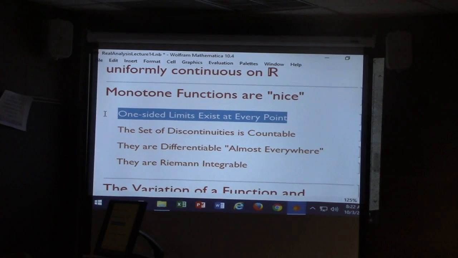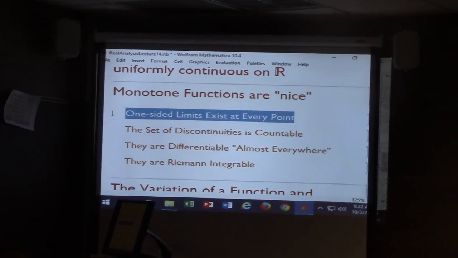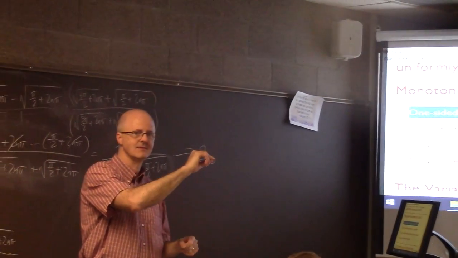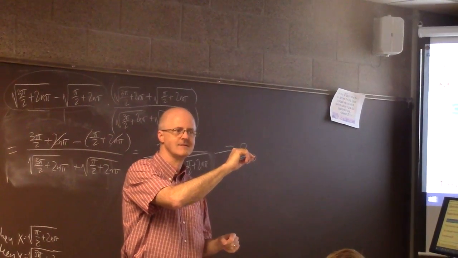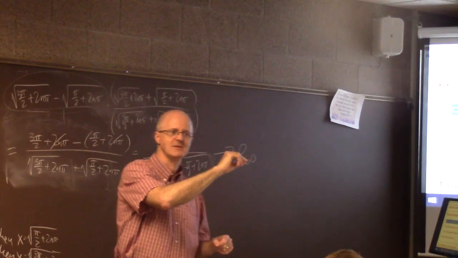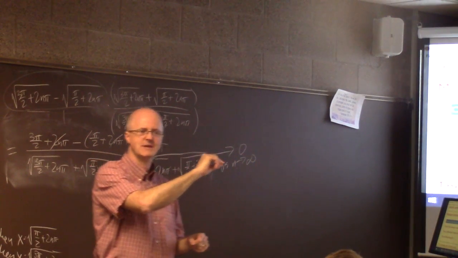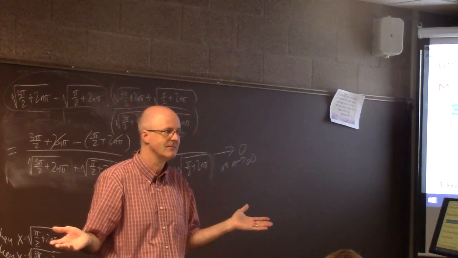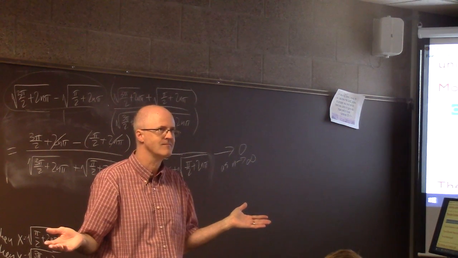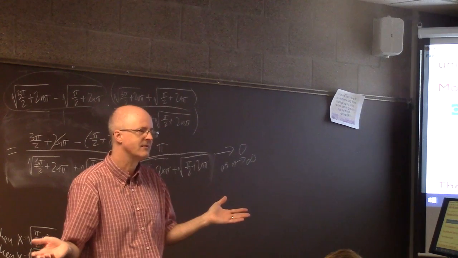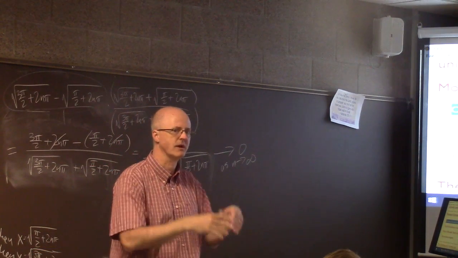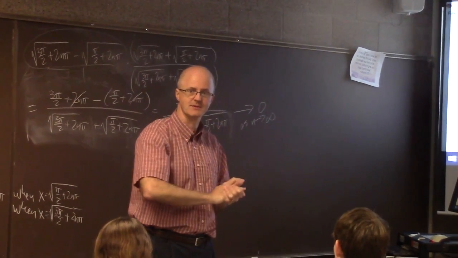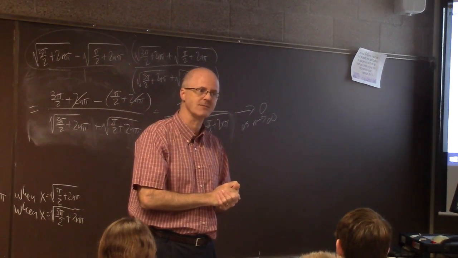Think of the function that's 0 for all irrationals and 1 for all rationals. Then two-sided limits don't exist, and also one-sided limits don't exist anywhere. Believe that? The function that's always 0 when you plug in irrationals and always 1 when you plug in rationals. Definitely not a monotone function.